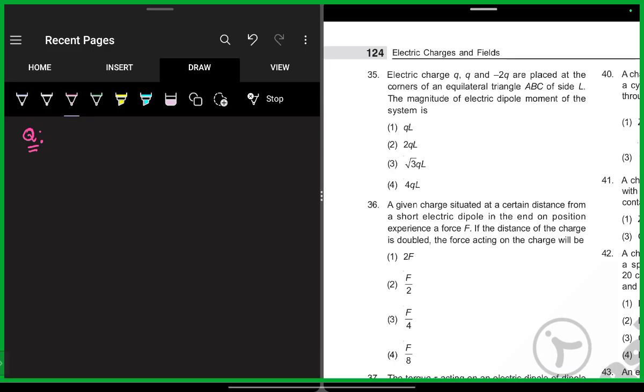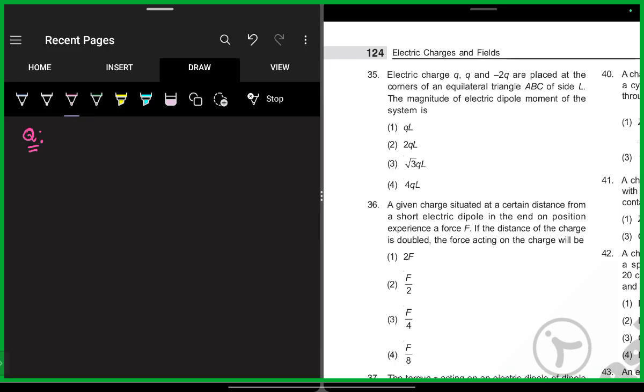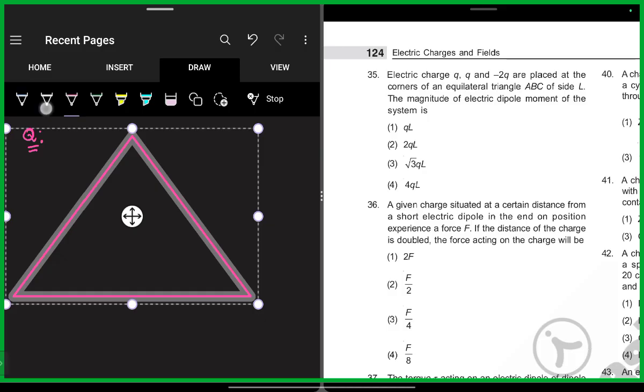Electric charges Q, Q and minus 2Q are placed at the corners of an equilateral triangle ABC. Okay, now I hope I can pull up an equilateral triangle from my tools, because right now this app is not properly working, but it's okay.